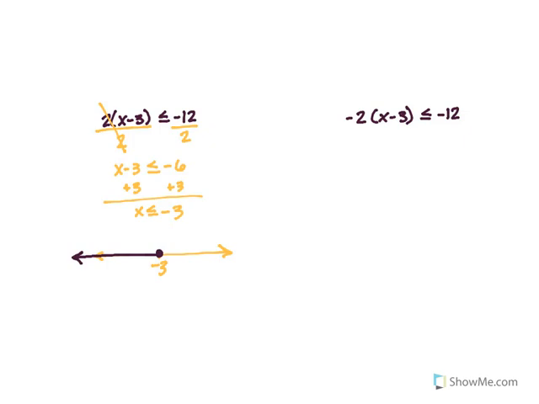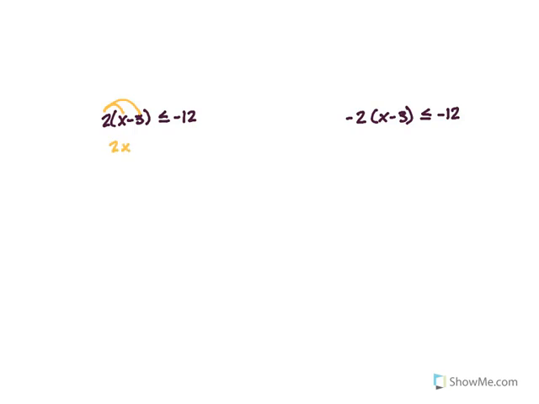Now, let's try the other one. And actually, hold on one second. Okay, some of you may have tried this a different way. You may have distributed this first, and that's fine. You're going to get the same answer. So you'll have 2x minus 6 is less than or equal to negative 12. You're going to subtract or add 6.